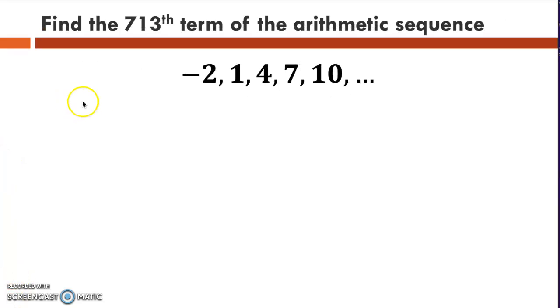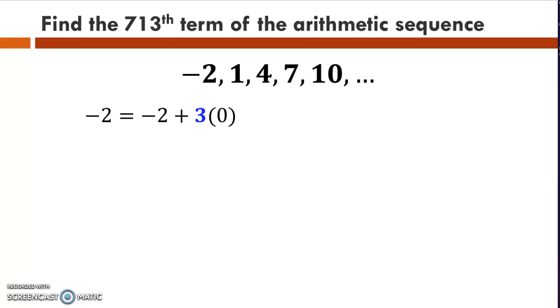Okay, so here's our problem, and let's look at what the first term is. The first term, negative 2, equals negative 2 plus 3 times 0, right? Because we're just going to get 0. What is this 3? That 3 is the difference.